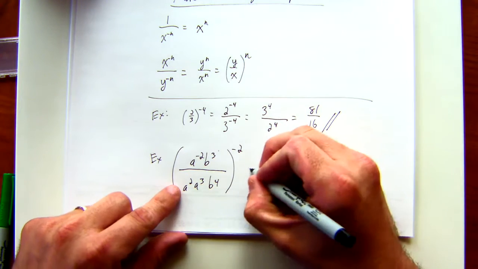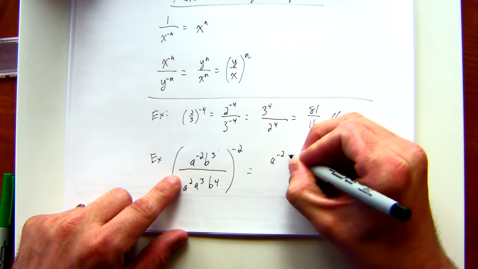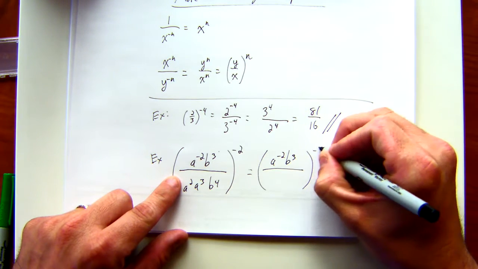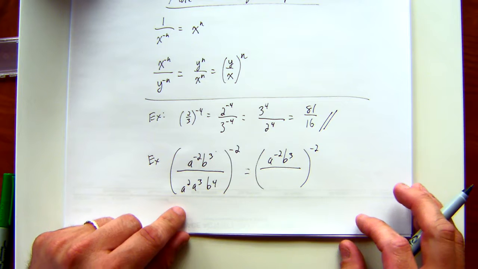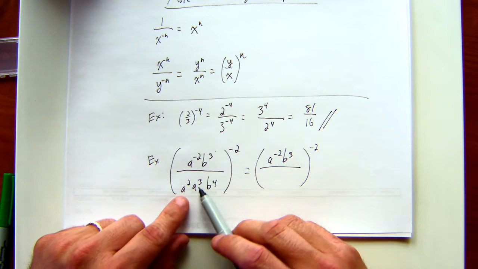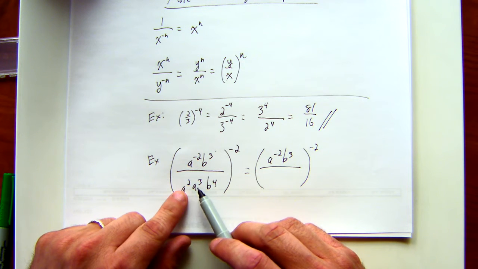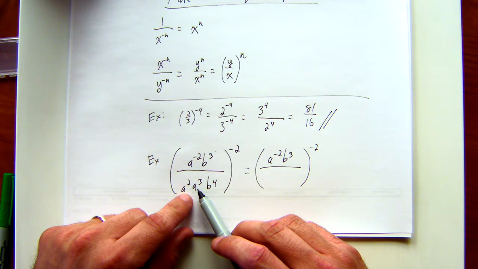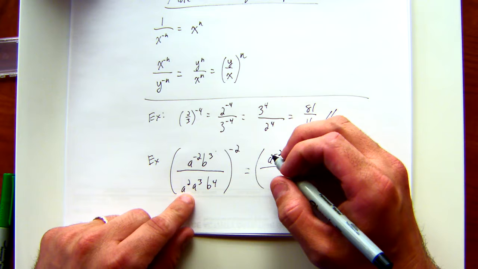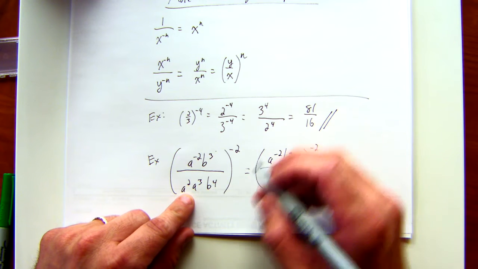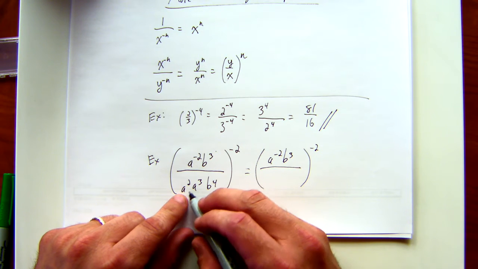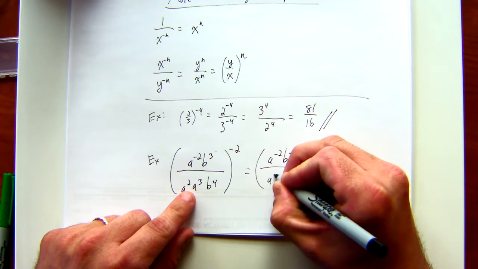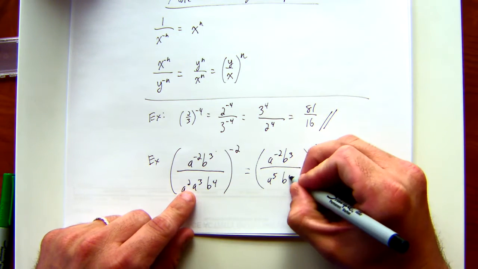Yeah, so let's go ahead and do that. We're going to leave everything the way it is. So how do I simplify the denominator? A squared times a cubed, so what is this going to be? A to the 5th. Whenever you multiply two numbers with the same base, you add the exponents. So it's a to the 5th and then b to the 4th.